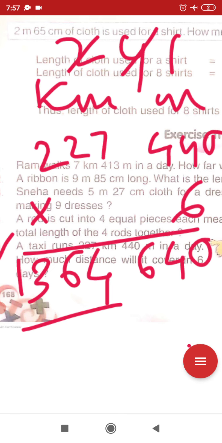You need to identify the exact, appropriate process, that is multiplication, addition, subtraction, or division. Okay, so recognition of the operation is very important. You should recognize which operation you need to apply.